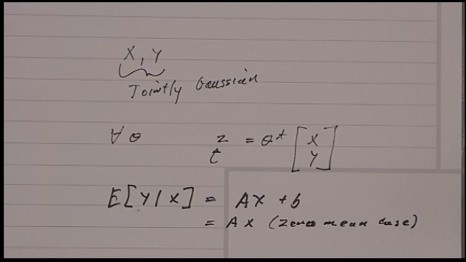So the problem is not everything is Gaussian. Well, maybe that's not a problem. Maybe that's a good thing, because it makes the world a more interesting place. But the bottom line is, if everything were Gaussian, we could probably more or less get away with using linear operators all the time.